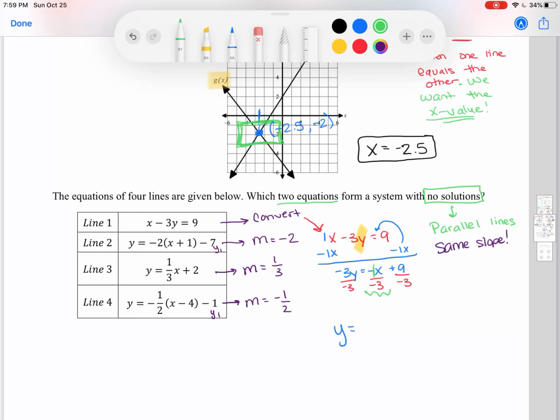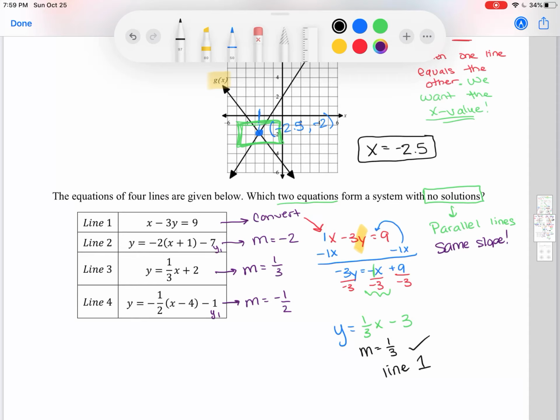Then we have to divide by -3 to everything. And when we do that, take a look at your x here. It's a -1x divided by -3. So that's going to give me a positive 1/3 x. X can just follow at the end there. And then 9 divided by 3 gives me -3.